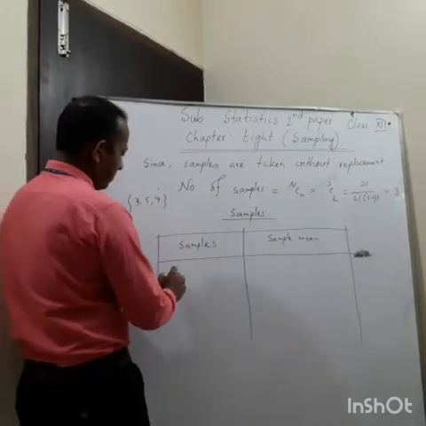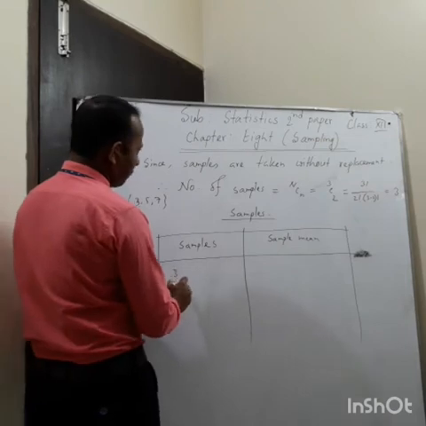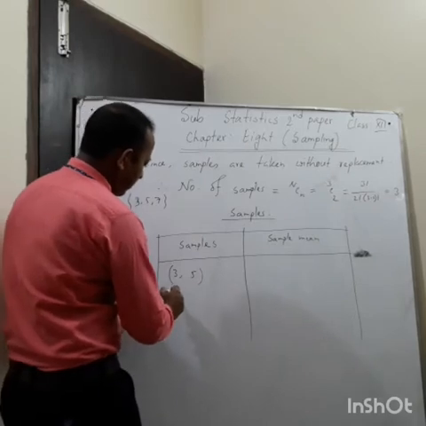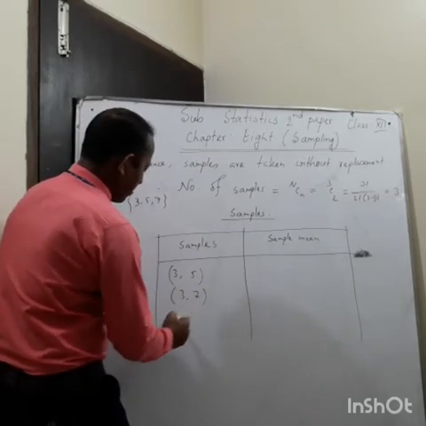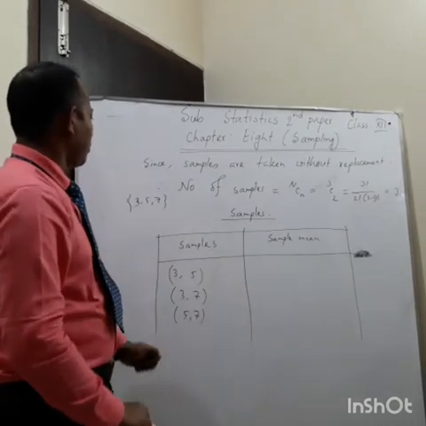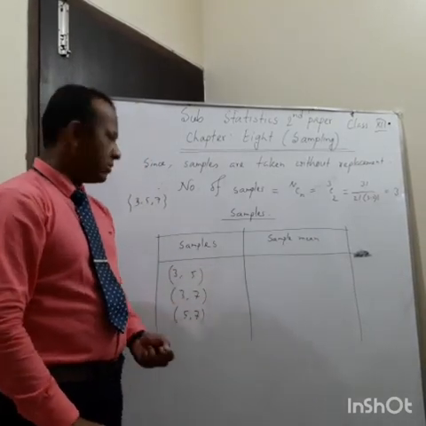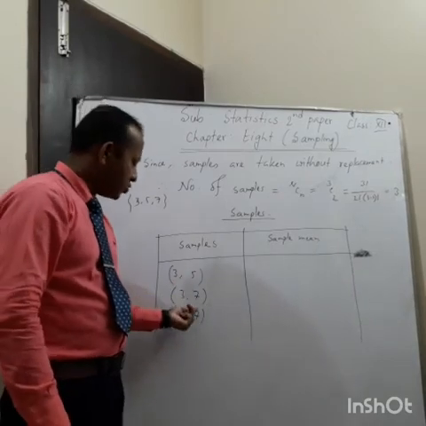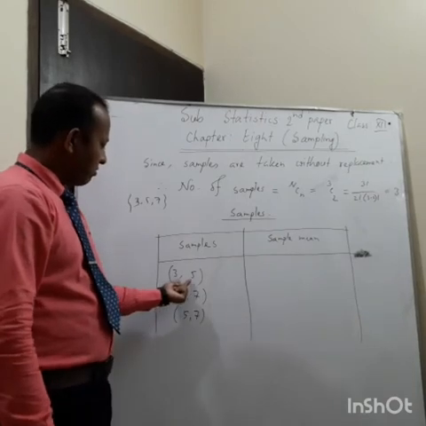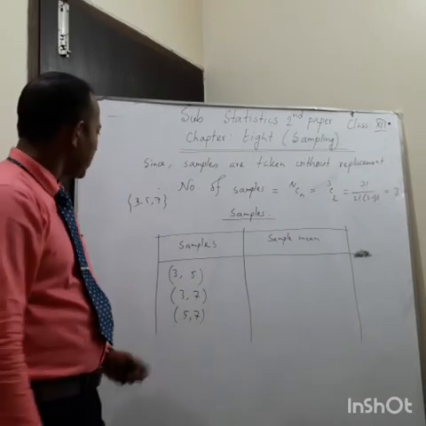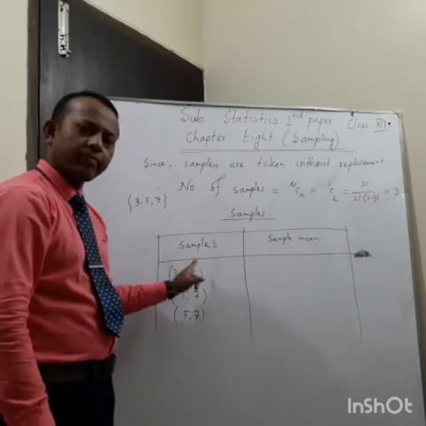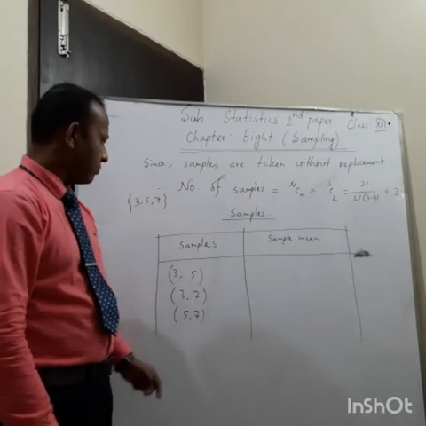It will be 3, 5, then it may be 3, 7, and it may be 5, 7. Without replacement, if the sample size is 2, from these 3 elements we can write only 3 samples, which are 3, 5, 3, 7 and 5, 7. There are only 3 samples.